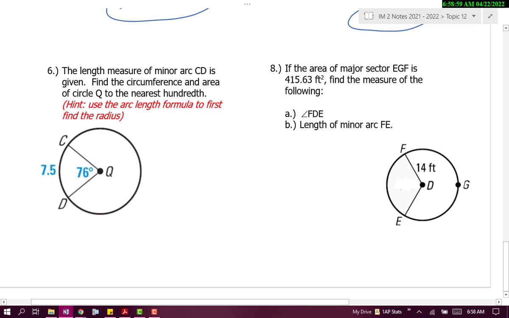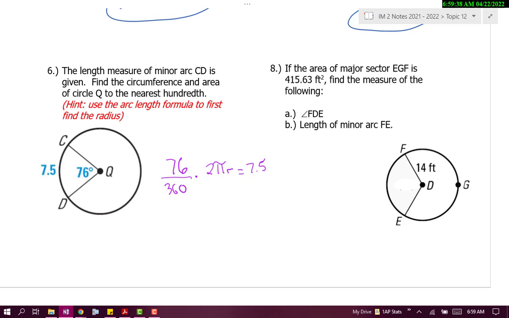So it's theta over 360 times, we're doing minor arc, so we're talking about the circumference, so 2 pi r. Now we don't know the radius, but we know the arc length is 7.5. So this is kind of nasty. I think it'd be much better to do the proportions.